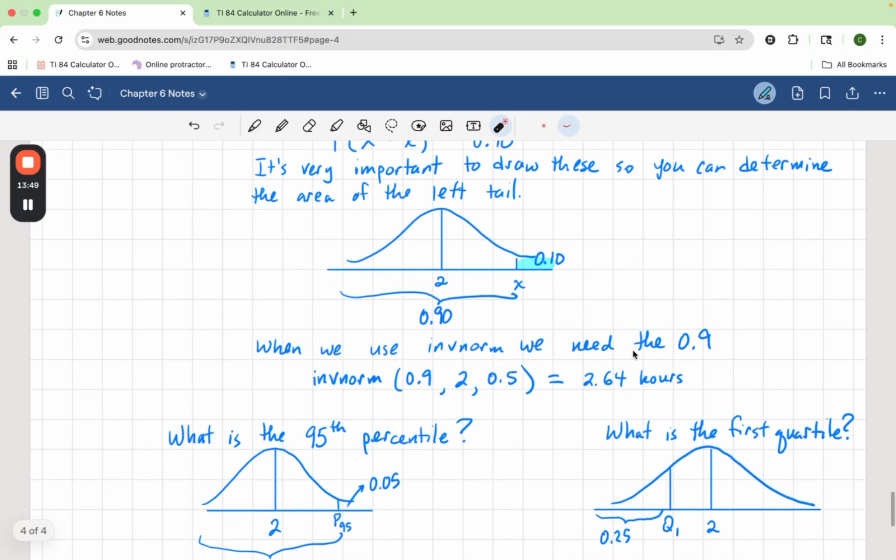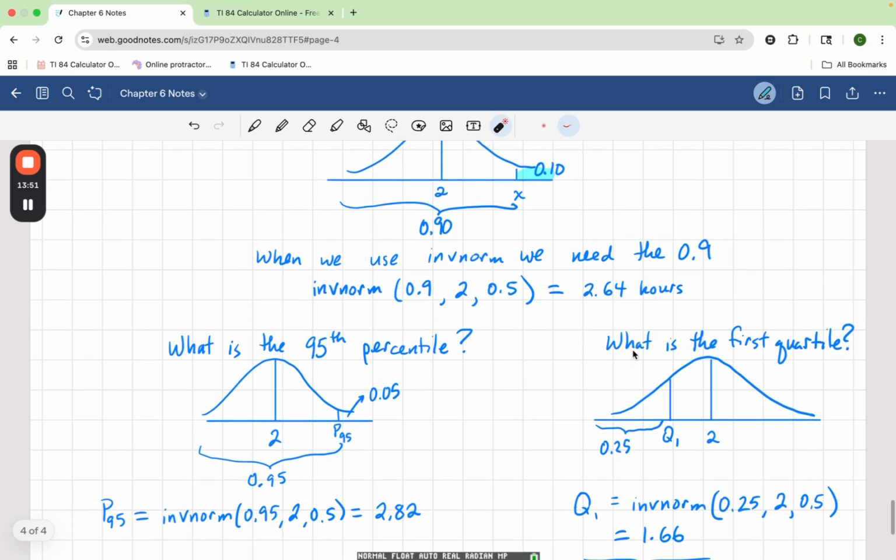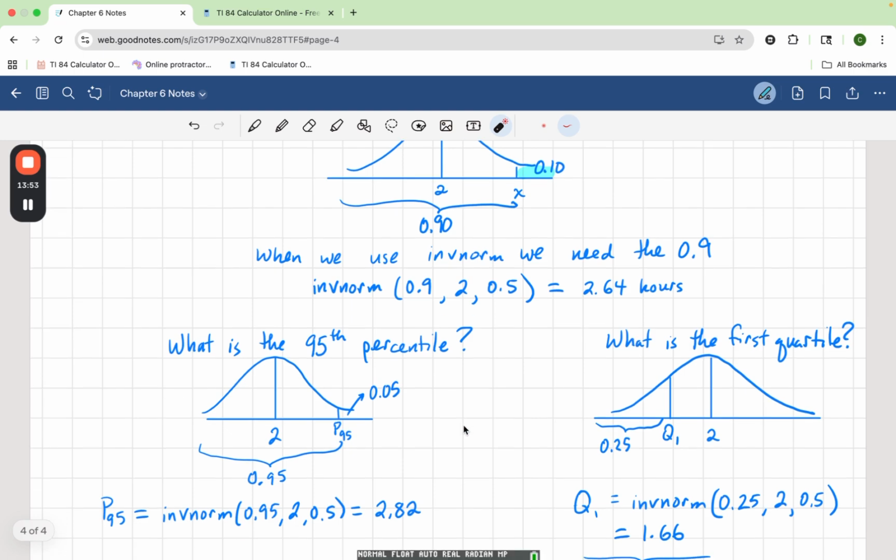95th percentile. What 95th percentile means is that 5% of the data is going to be in the right tail. If it asks for 43rd percentile, we'd basically say 43% of the data is going to be in the left tail.